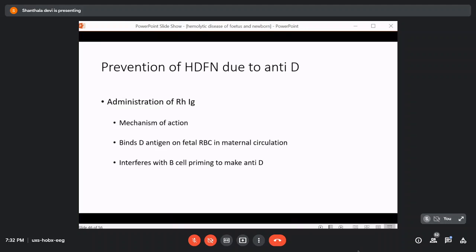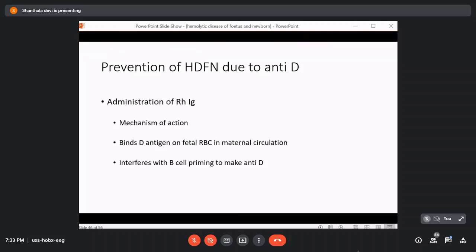This does not explain how the amount of Rh immunoglobulin which is given to the mother, around 300 micrograms or a little more than that, can bind to all the fetal red cells and clear them off, preventing the immunization of the mother to the D antigen.